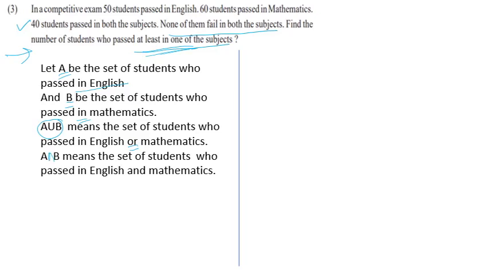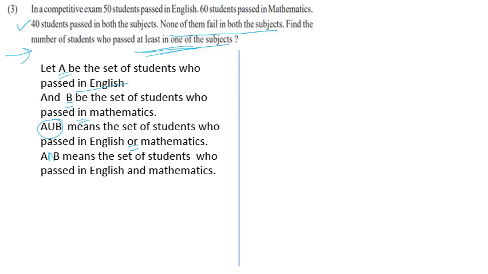A intersection B means what? The set of students who pass in English and mathematics both. दोघांमध्ये ते कंपल्सरी पास आहे. इंग्लिश मध्ये सुद्धा पास आहे and मॅथमॅटिक्स मध्ये. A intersection B means the set of students अशी मुलं आहेत की जी दोन्ही सब्जेक्ट मध्ये पास आहे. ओके. चारही सेटचा तुम्हाला मिनिंग समजला बघा. A हा कोणता सेट आहे? सेट ऑफ स्टुडंट्स हू पास इन इंग्लिश.